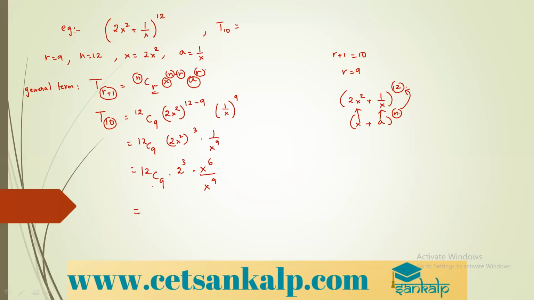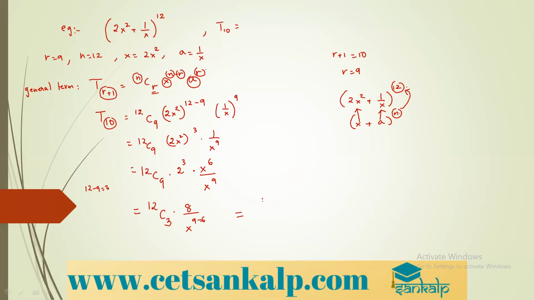Further, 12C9 can be written as 12C3 because 12 minus 9 is 3. And then 2³ is 8. Down, you have x power 9 minus 6.